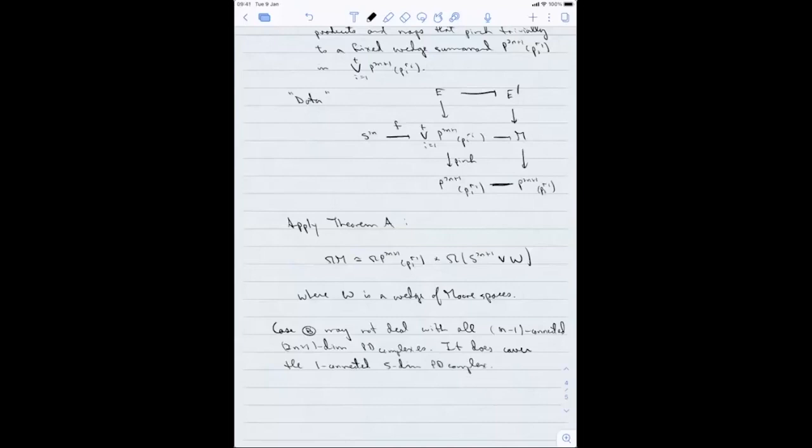So on the one hand, case A, the 2n minus 2 connected 4n minus 1 dimensional case, they're all done. Okay, so the outstanding cases were the 2n minus 1 connected 4n plus 1 dimensional ones, the first example of which would be simply connected 5-dimensional Poincaré duality complexes.